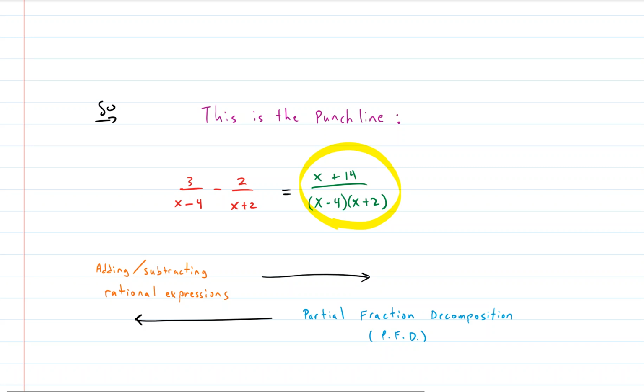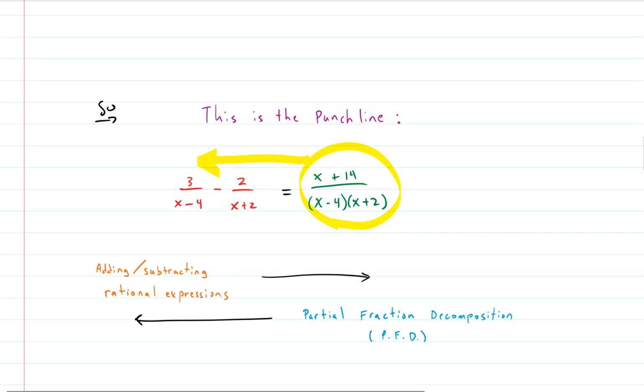Sometimes you might have 2, sometimes you might have more, but you're just saying, hey, this big fraction, I think we can come up with some smaller fractions that we can add or subtract together and get this big one. And partial fraction decomposition tries to find those.